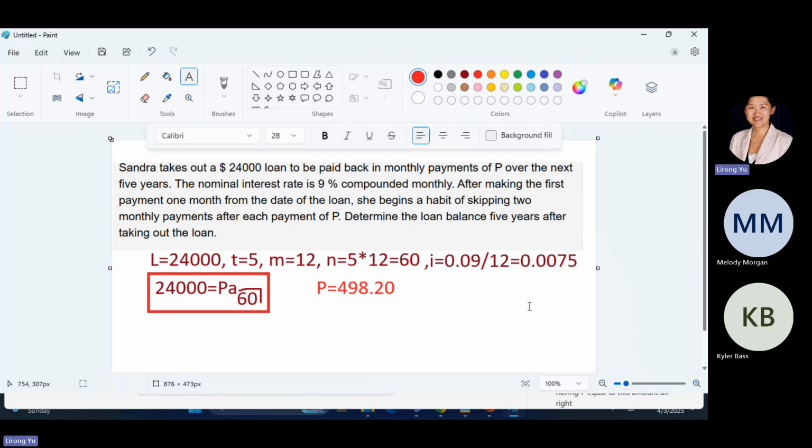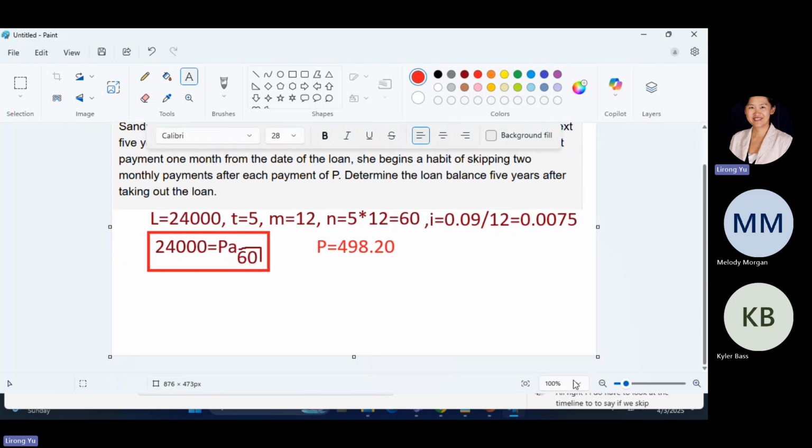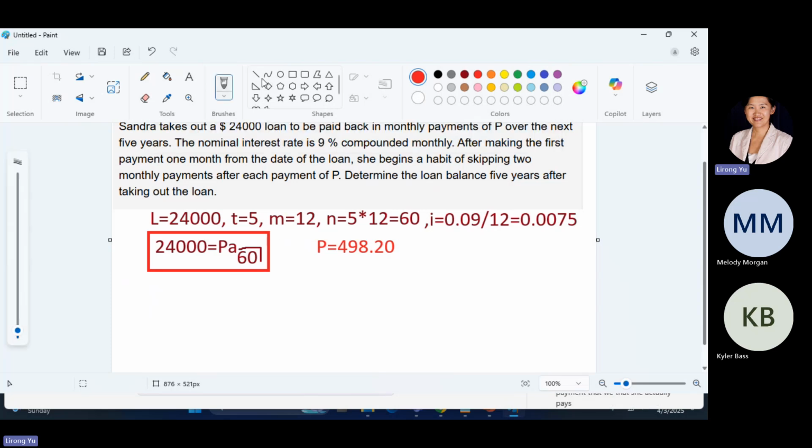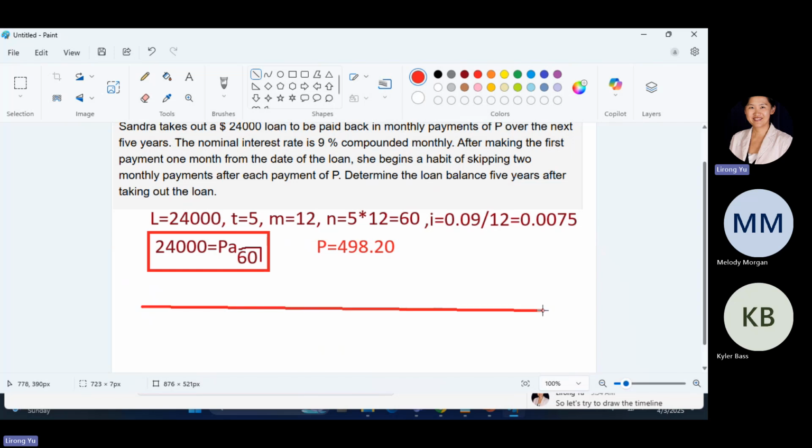I do have to look at the timeline to see, if we skip 2 payments, how many payments she actually pays. So let's try to draw the timeline. Overall, the original plan was paying, like this is 1, that was 60. There were supposed to be 60 payments totally, and this is the initial, that was a 0.